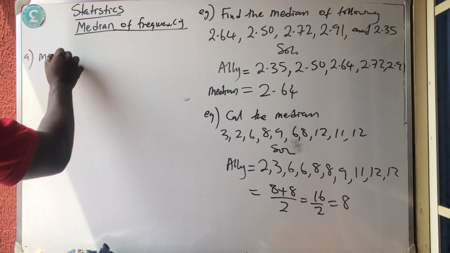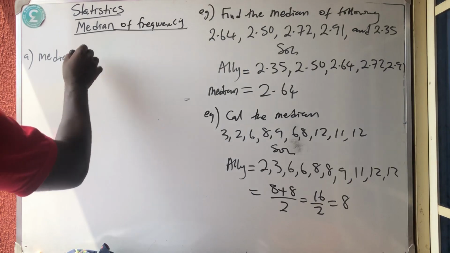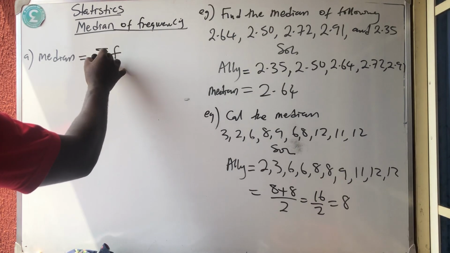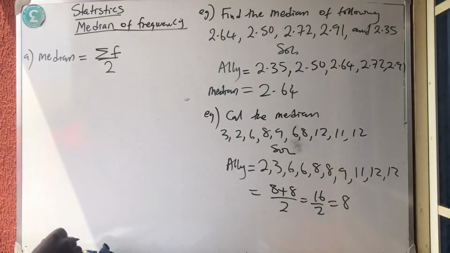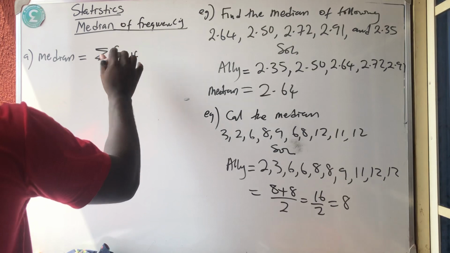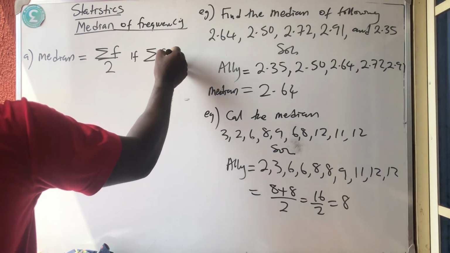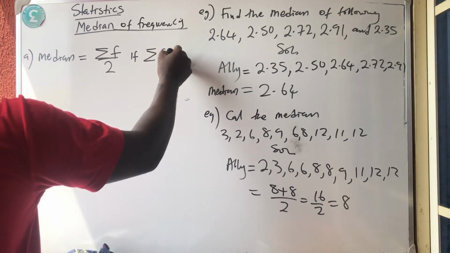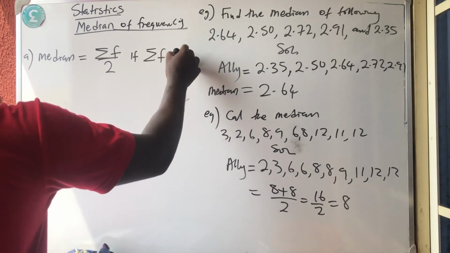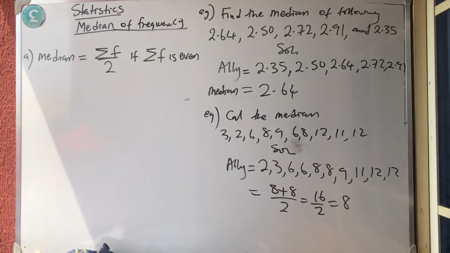The median here is simply the summation of f divided by 2. That's all. Summation f divided by 2. We use this formula if the summation of f gave me an even number.